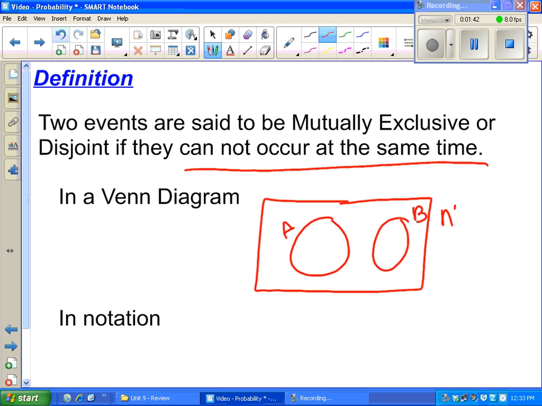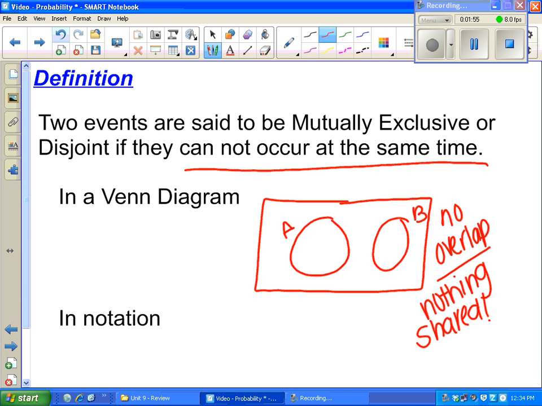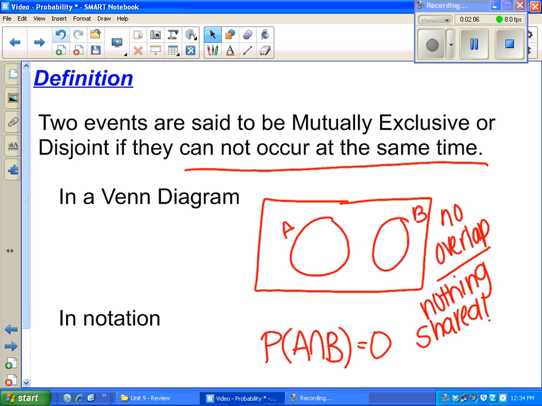So no overlap, nothing is shared. In terms of notation, the probability of A and B happening at the same time, if they are mutually exclusive or disjoint, it would have to be 0. It's not possible for them to occur at the same time.